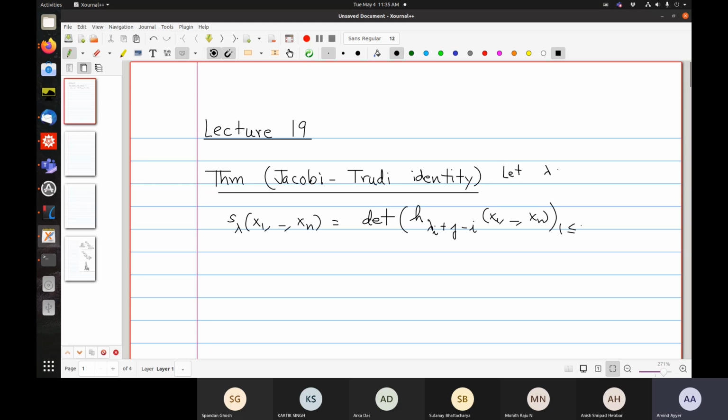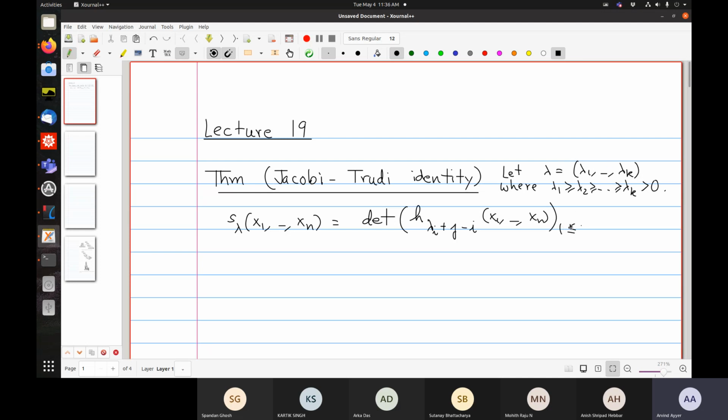Let lambda be lambda_1 up to lambda_k, where lambda_1 is greater than or equal to lambda_2, greater than or equal to lambda_k, greater than 0. So the length of the partition lambda is k.